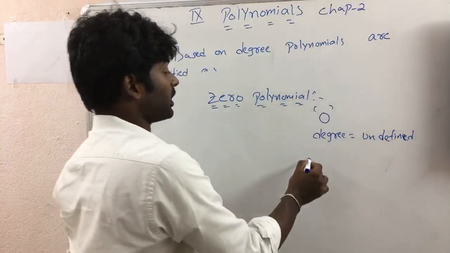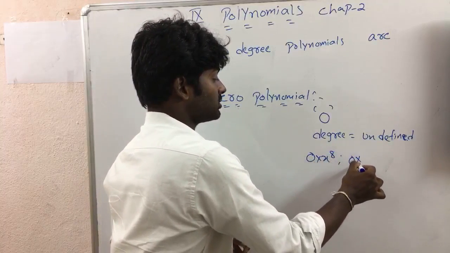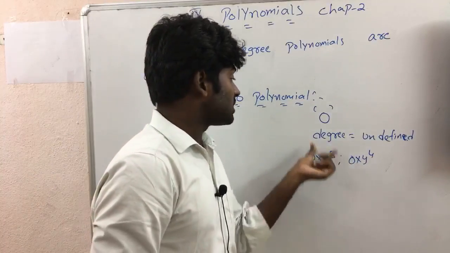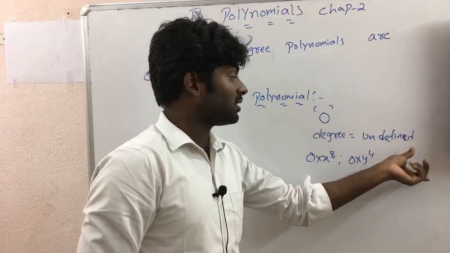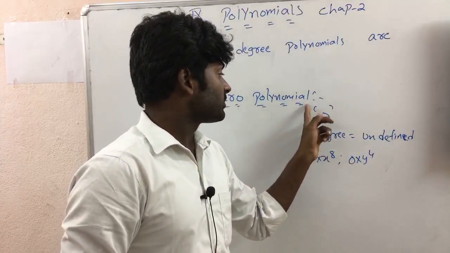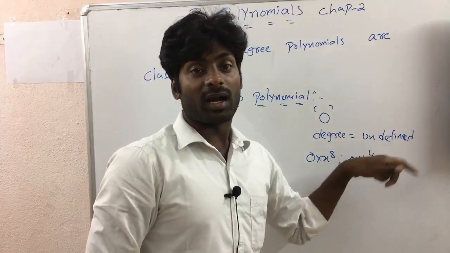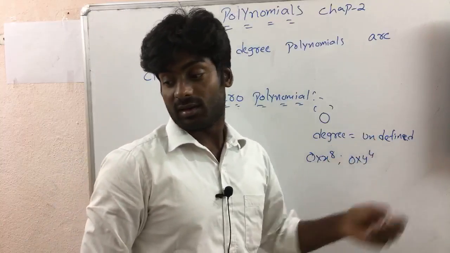I can write 0 as 0 into x power 8, or 0 into y power 4. Anything results in 0, because 0 into anything will give 0. It may be 8, it may be 4, it may be 7, it may be 6. So we cannot say the exact value of the degree for the zero polynomial. So the degree of the zero polynomial is undefined. Okay.